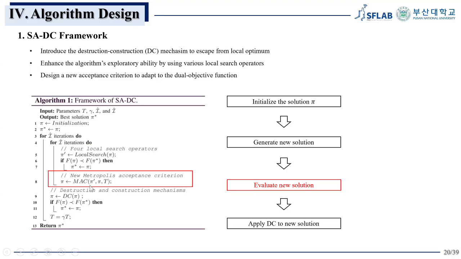It means that in this state, pi prime will be accepted, or pi will remain the same. Finally, after obtaining pi in this state, we apply the DC, destruction construction, to obtain a new solution and compare it with the current best solution to obtain the final pi star.